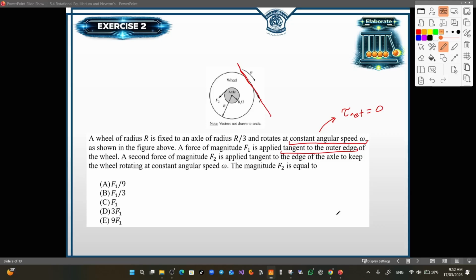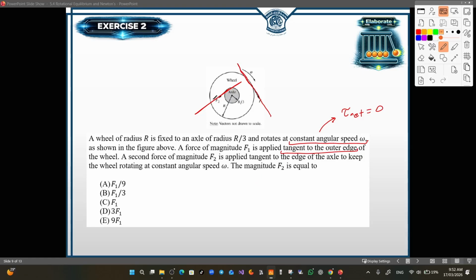A second force of magnitude F2 is applied tangent to the edge of the axle to keep the wheel rotating at constant velocity. This one is also pointing in the tangential direction. The magnitude F2 is equal to... since tau net is equal to 0, the summation of all torques acting on the wheel should be equal to 0.